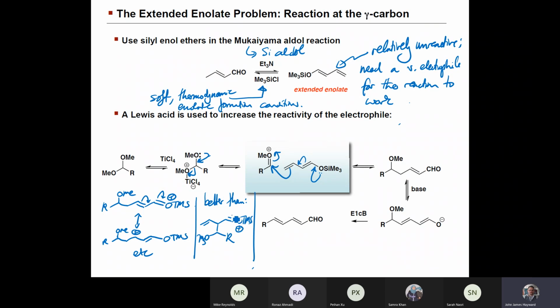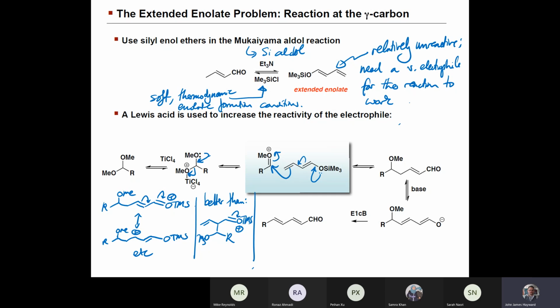Okay, there's only one resonance form that you can draw in that one, whereas there are multiple that you can draw for the other one. So we actually generate a more stable intermediate if we do this reaction at the gamma position, which is what ends up being the rationale for this.